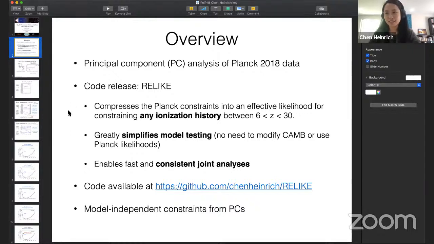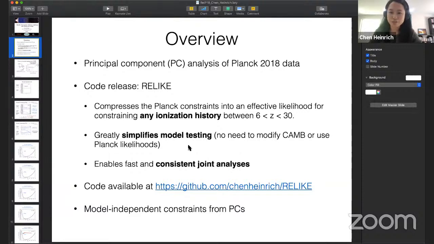The principal component analysis allows you to analyze all the possible ionization histories and constrain them in a way that you can compress it into an effective likelihood code. This is the first time we release this code that allows you to do model testing of ionization history in a very simple way.